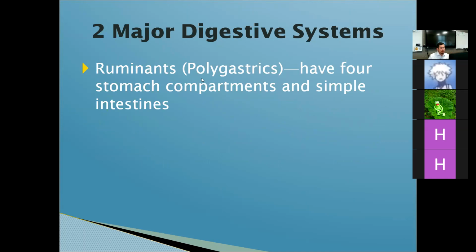Okay, so ruminants or polygastrics, as opposed to monogastrics. Poly meaning multiple, gastrics meaning stomachs, multiple stomachs. In fact, it's not that they have 4 different stomachs, it's that they have 4 compartments of their stomach. We're going to look at that a little more specifically as we go through here. But ruminants or polygastrics have 4 stomach compartments and simple intestines.